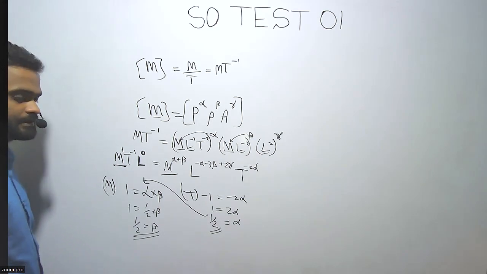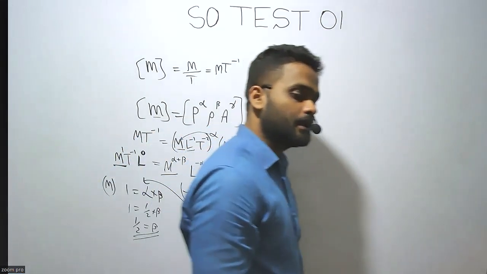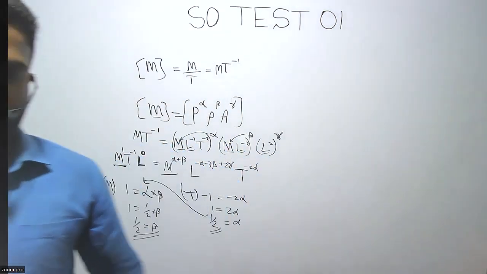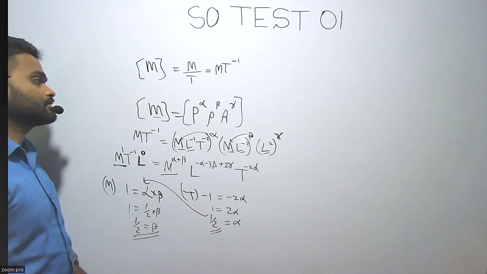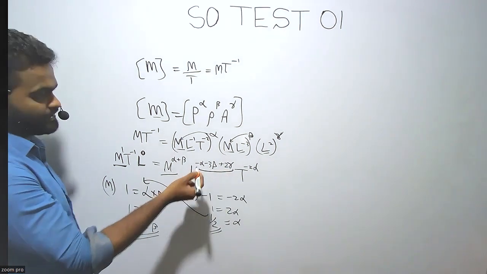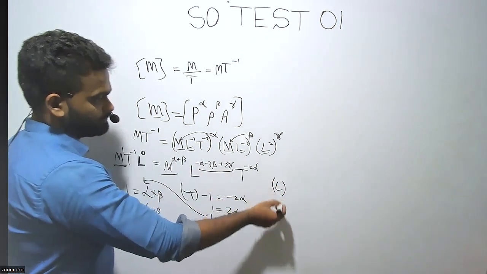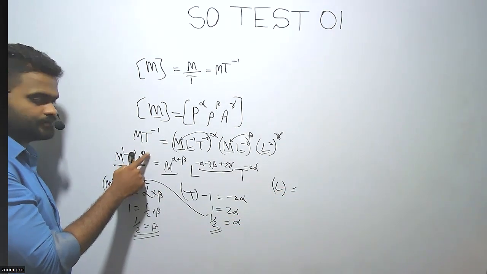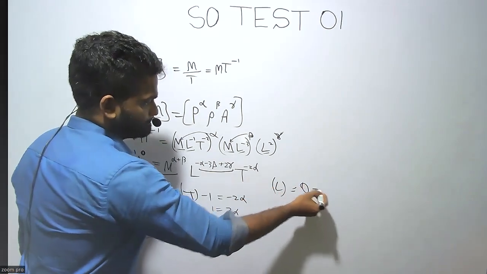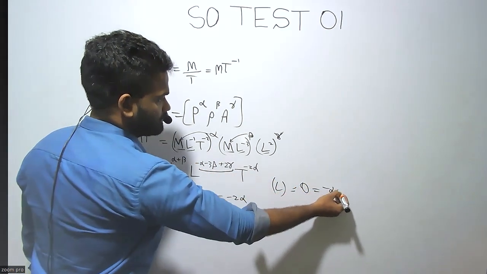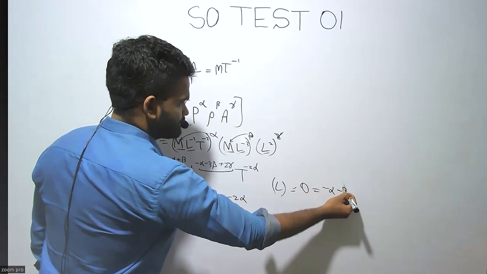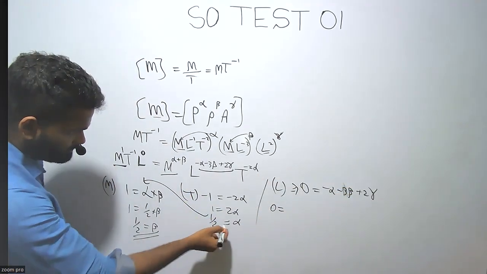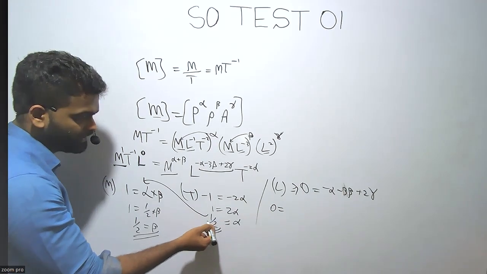Right. There's one more value we need to find. That is gamma. To calculate gamma, we are going to use this one as well. So for that, compare the powers of L. Here you have L naught, L0. Here you have minus alpha, minus 3 beta, plus 2 gamma. Alpha is half, so minus alpha is minus half.